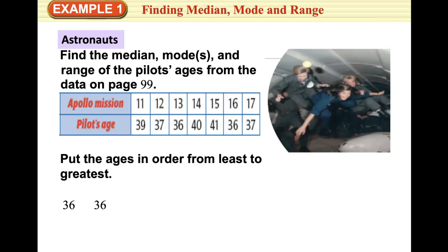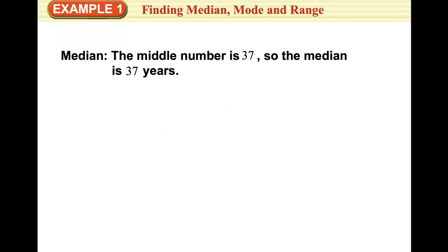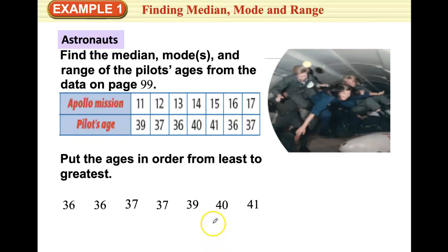So you would write 36, 36, 37, 37, 39, 40, and 41. If you write them in order, that is the best way to find the median. It helps find the mode, and it helps in finding the range, but you have to put them in order to find the middle number.